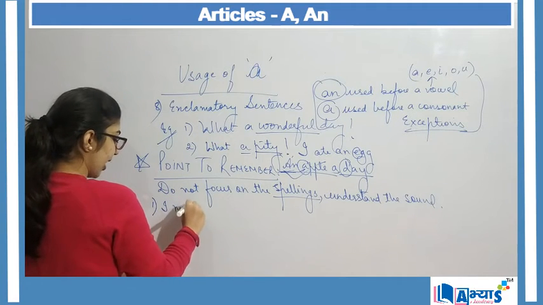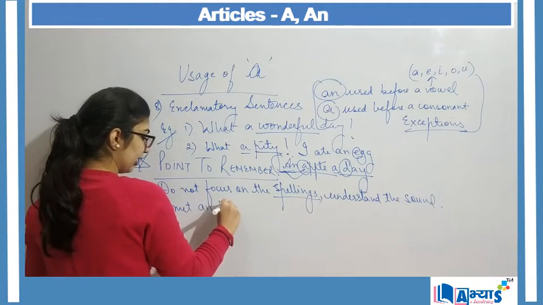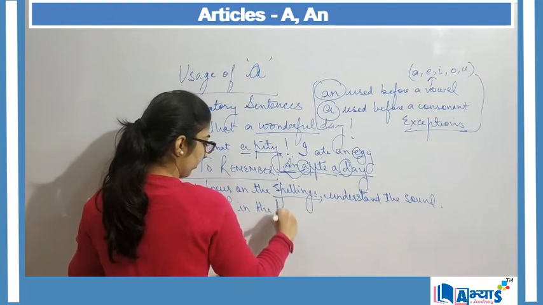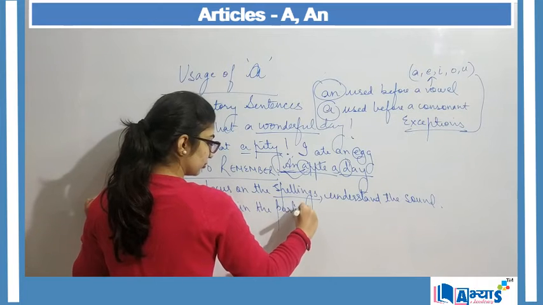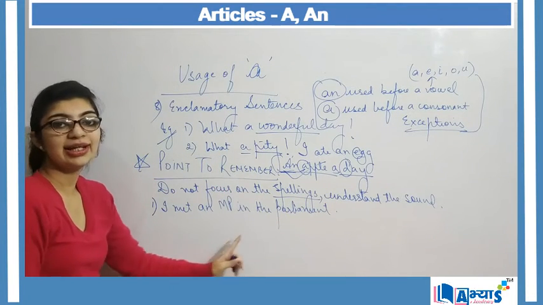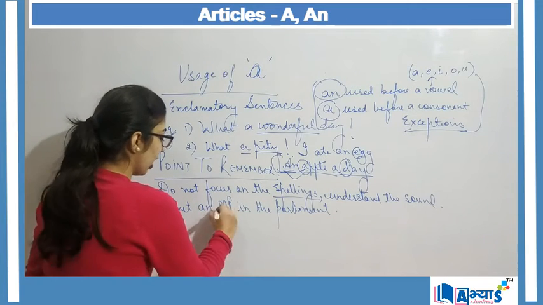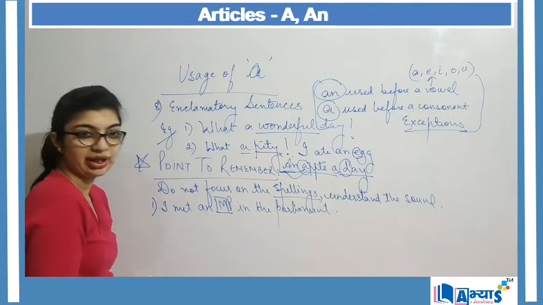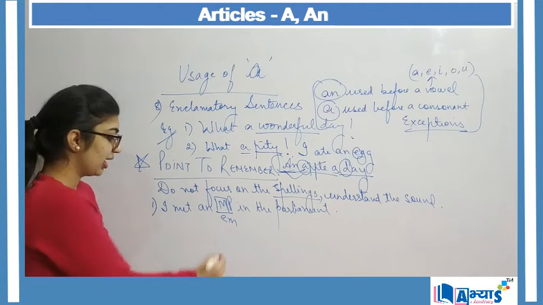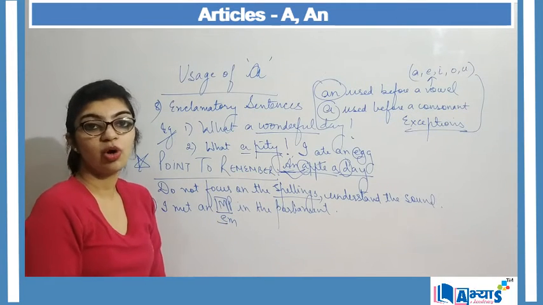For example, I say, I met an MP in the Parliament. Now here M sounds like EM, right? E over here is a vowel.